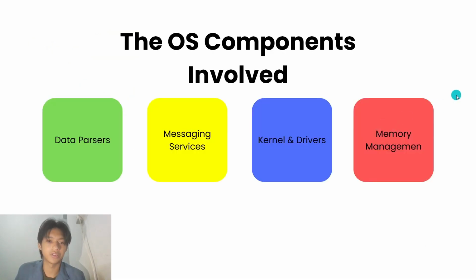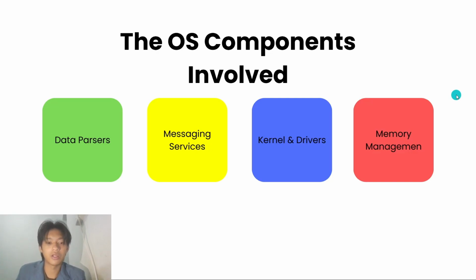The OS component info. From an operating system perspective, the primary targets are data parsers. These are background components like ImageIO that read and interpret complex file formats. When a messaging service like WhatsApp or iMessage receives data, it hands it off to the parsers to generate a notification or a thumbnail.